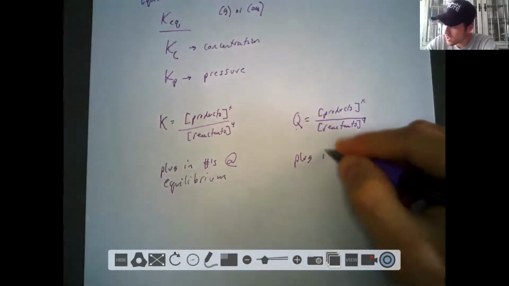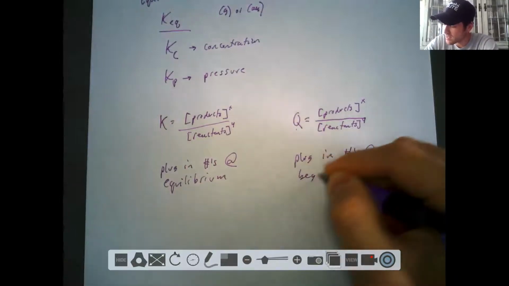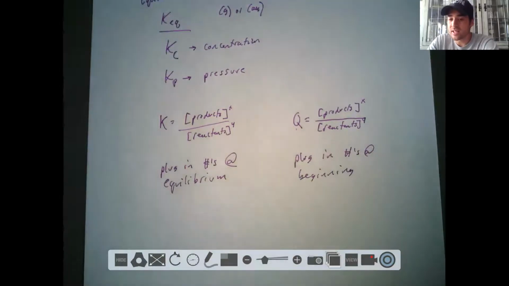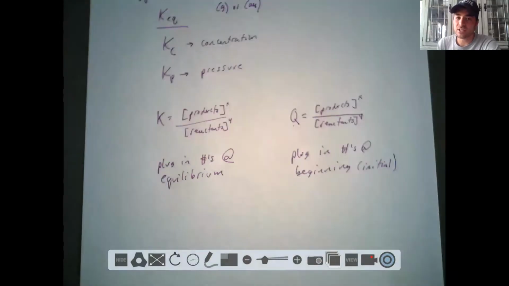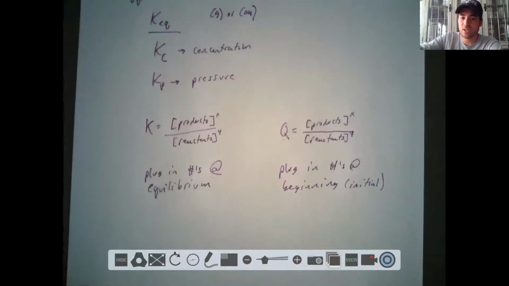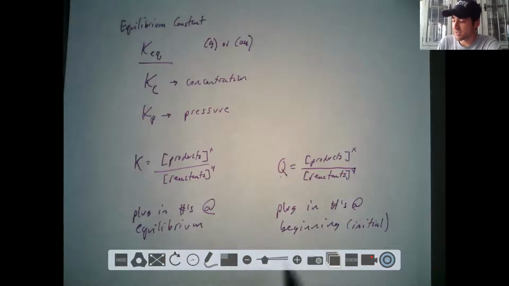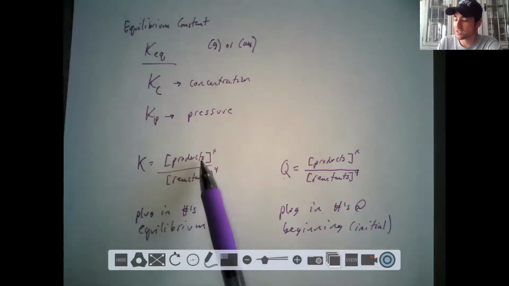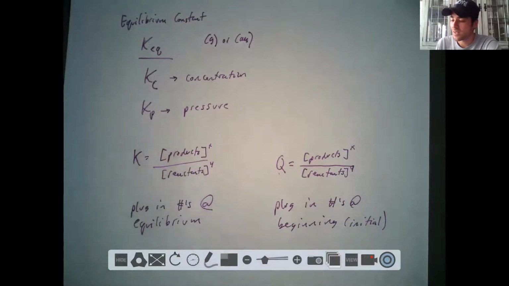For Q, we're going to plug in numbers at the beginning of the experiment, really those initial concentration values. So don't let this confuse you too much, K and Q. They're very similar, except the only difference is what numbers you are plugging in. It's still looking at a ratio of products to reactants.